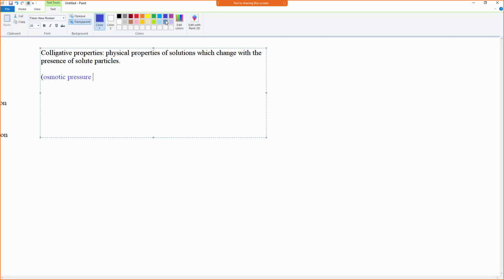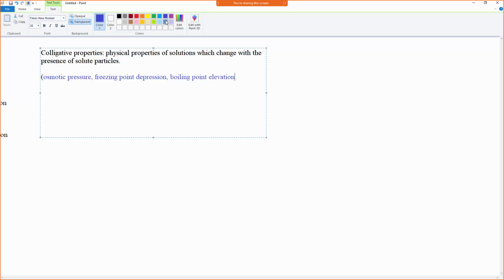All right, so osmotic pressure is a physical property of solution that changes because of the presence of the solute particles. But additionally, we have freezing point depression, which is a fancy way of saying the freezing point of water is going to go down as you add solute particles. Always down, it never goes up. And boiling point elevation, which is to say the boiling point of water is going to go up when I add solute particles.